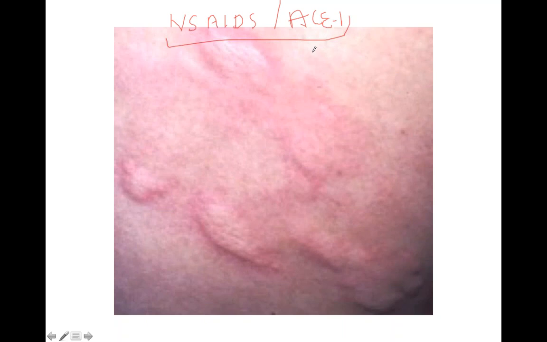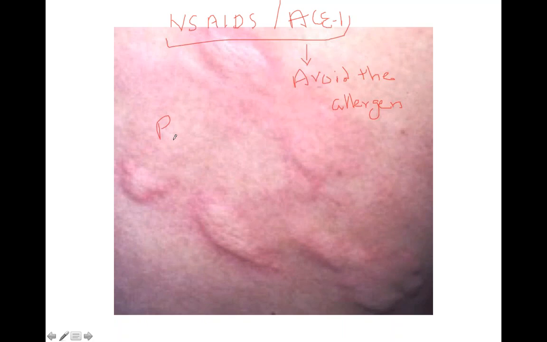So if you are asked, a patient has, you suspect urticaria, what is the next thing you will do? Avoid the allergen. You will not pick up the RAST test. Whenever there is allergy, the next step is avoid the allergen, okay? Clear?